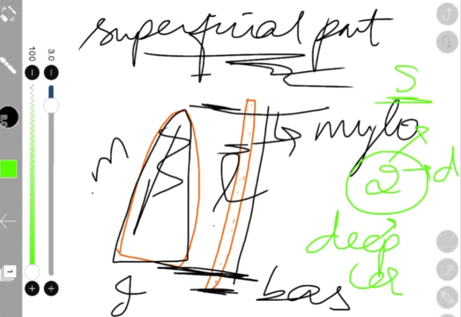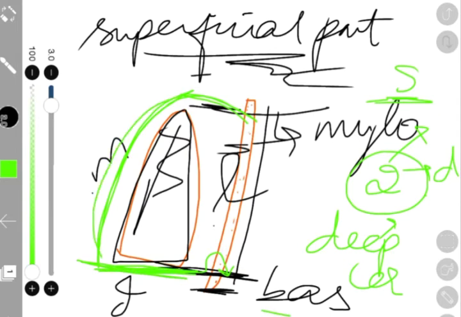The superficial layer covers the inferior surface of the gland and is attached to the base of the mandible, and the deeper layer covers the medial surface of the gland and gets attached to the mylohyoid line of the mandible.